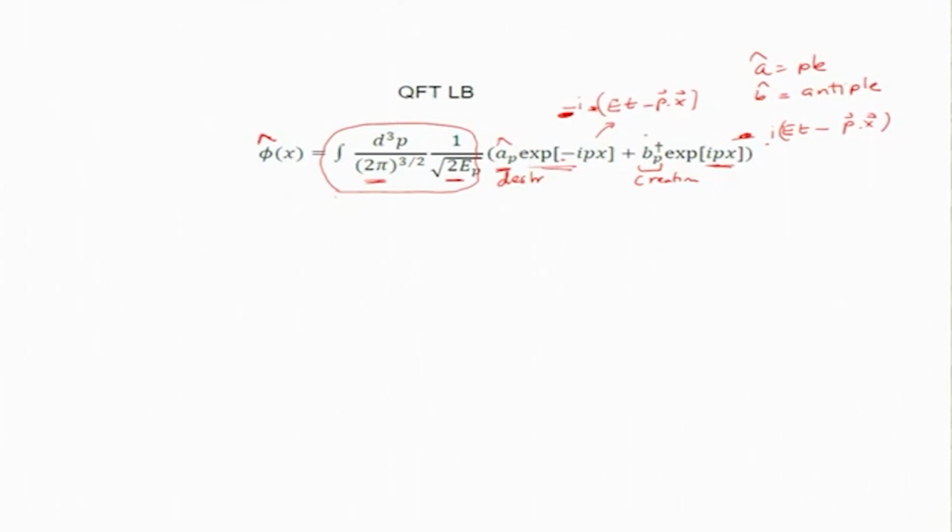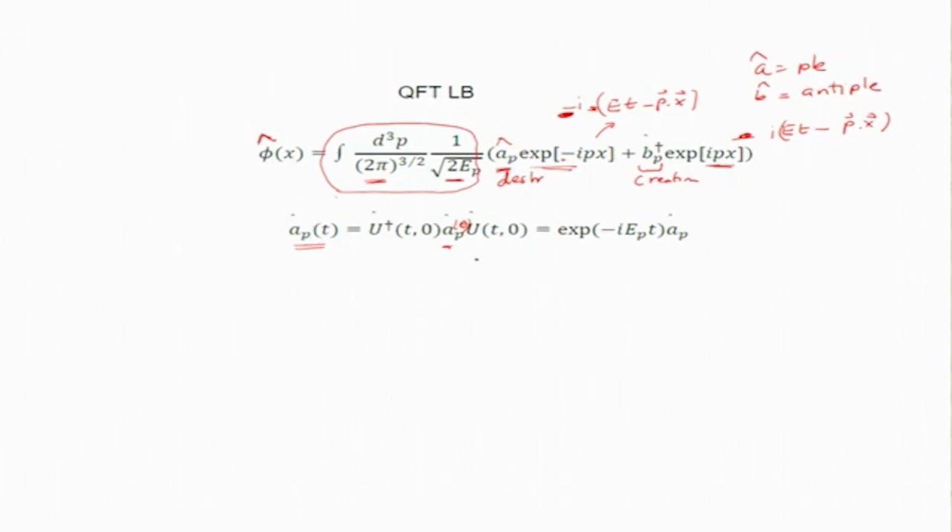Now, let us dig deeper to see if it is sensible or not. I am not going to do all the algebra, but I will show you where to look in the book. You can prove that, for the operator A_p at time t equal to 0, we have the operator at time t.